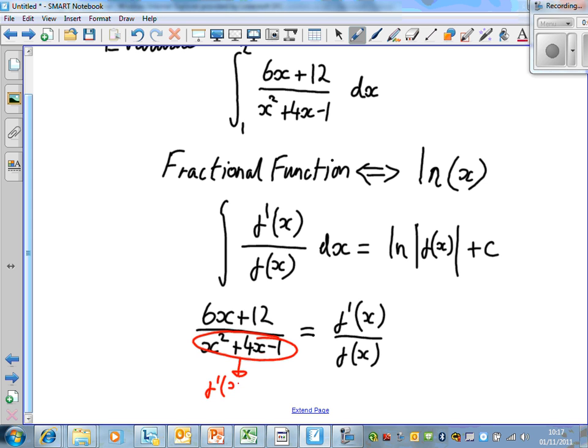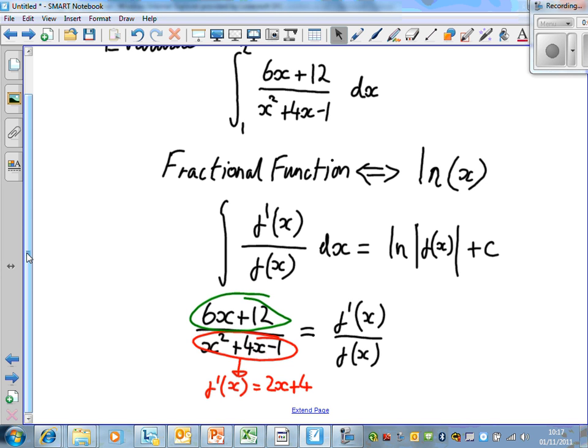If we differentiate this, we get f dash of x is equal to 2x plus 4, which isn't the same as 6x plus 12. However, we can play around with the 6x plus 12, so it does look like 2x plus 4. And the key is to take a common factor out.